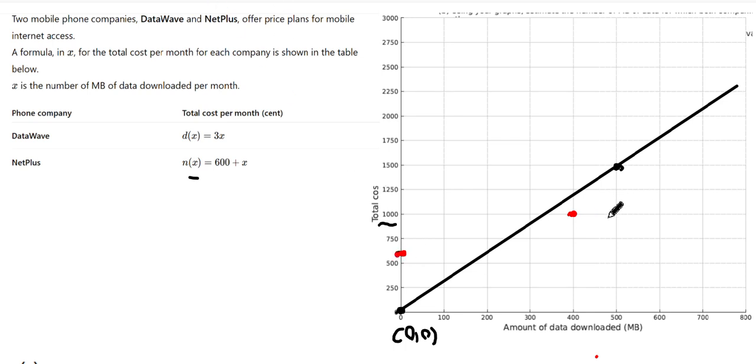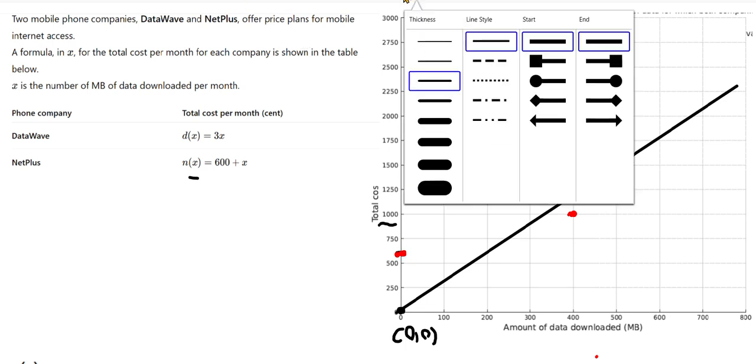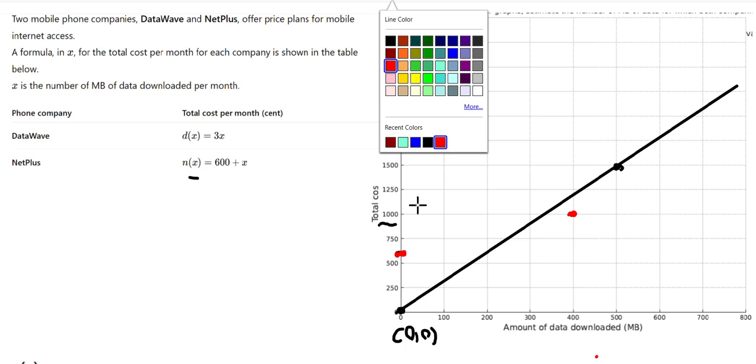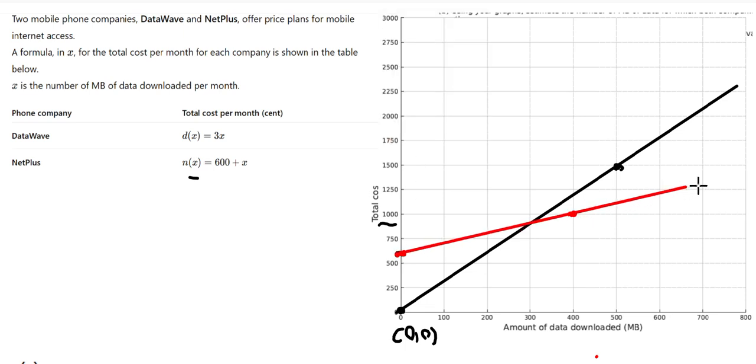That's the one we got earlier. And we can draw a red line to represent the second mobile company. And there you go. We can see that there.